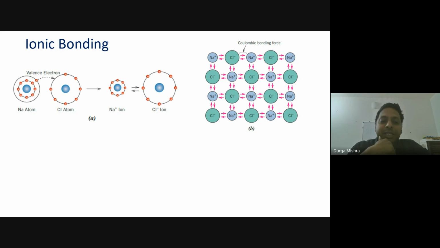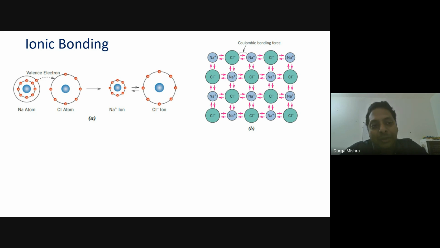Here is a classic example, the ionic bond, which you know from your school days as well. You have sodium and chlorine, and in order to have a stable electronic configuration, sodium, whose atomic number is 11, has one electron in the outer shell.